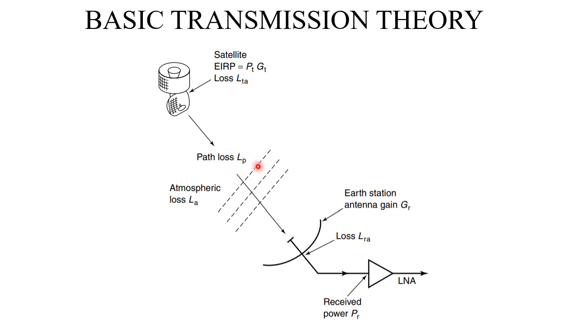Along with it there are some other losses, atmospheric losses, mainly absorption losses, that is written as LA, and we have a receiving antenna right here associated with the loss LRA, right? So all the losses are there, and the receive power right here, just at the end of the antenna and beginning of the next stage, that is the LNA, we have the receive power PR. So that's the relationship between the transmitted power and the receive power.